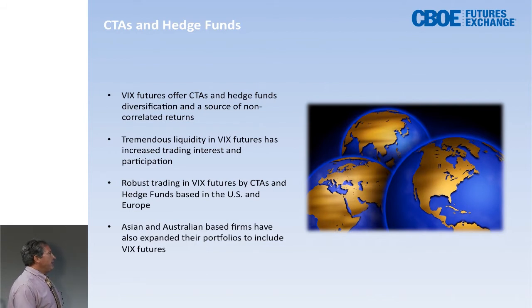So I talked a bit about CTAs and diversifying using VIX as a short-term overlay. Again, the numbers speak to themselves in terms of that 84,000 in average daily volume. Asian Australian-based firms, that's going to be part of our 24/5 build-out.